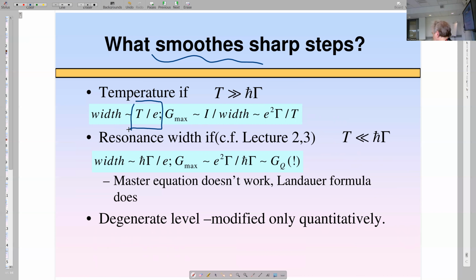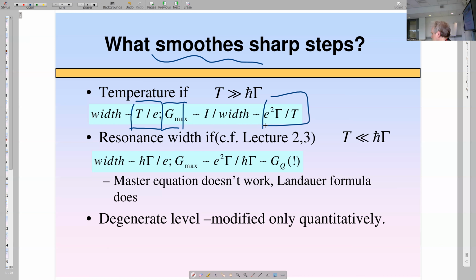A sharp step, if it were really sharp, would imply infinite differential conductance just at the point of the jump, right? You differentiate a jump, you get a delta function, infinity. Okay, if you smooth it, there is a finite maximum conductance, which would look like this, inversely proportional to temperature. So that's a signature. One could measure conductances and see that they increase as temperature decreases.